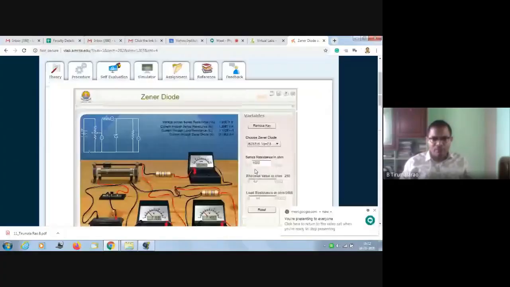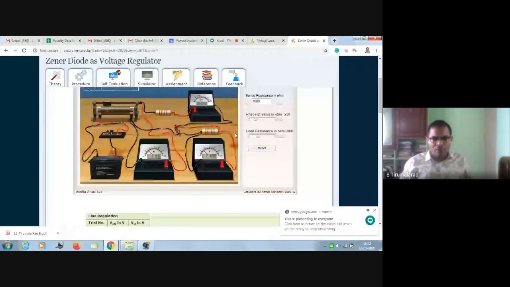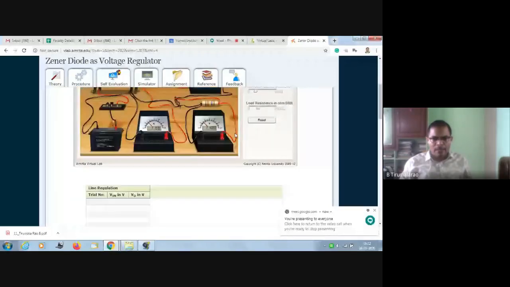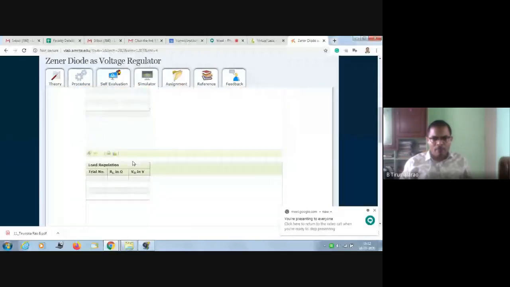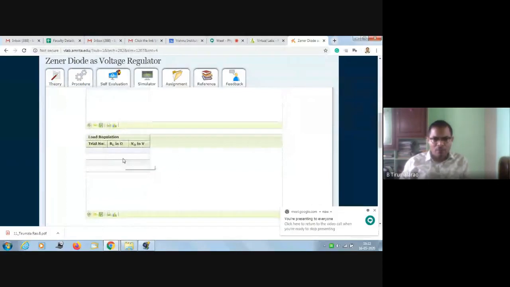Here you can vary and note down all these readings: Vs, Is, Il, Iz, and V in.